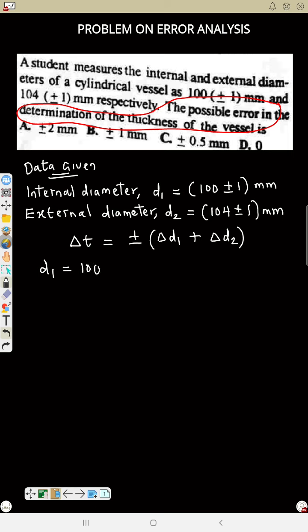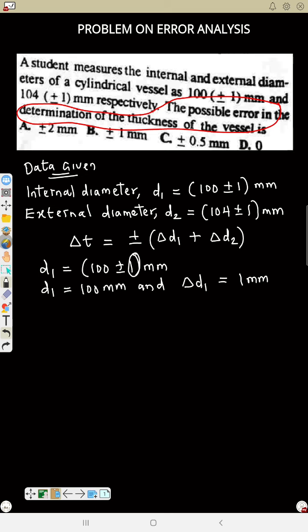So d1 is 100 millimeter. Let me write d1 complete: 100 plus or minus 1 millimeter. From here, d1 is equal to 100 millimeter, and absolute error in d1 is equal to 1 millimeter.